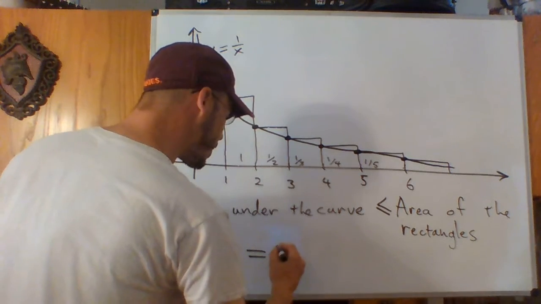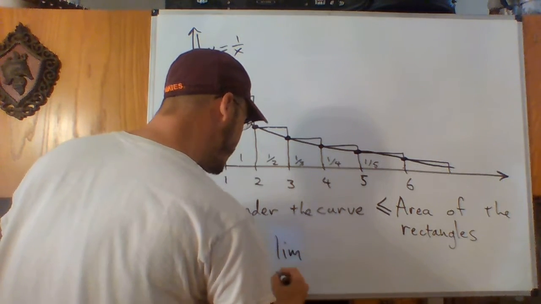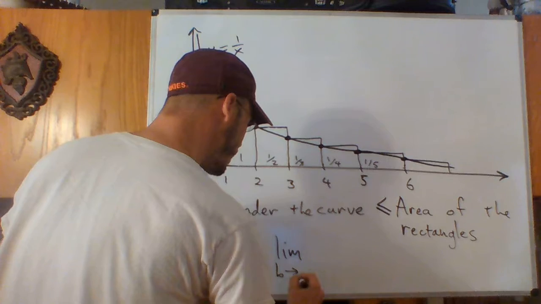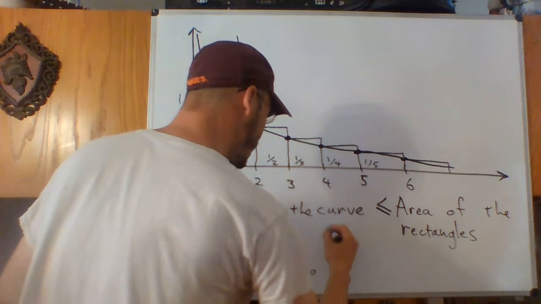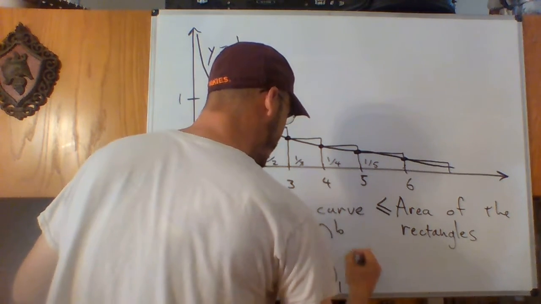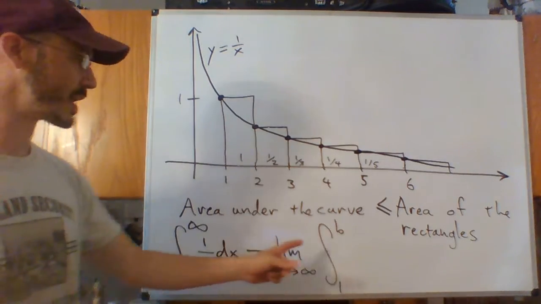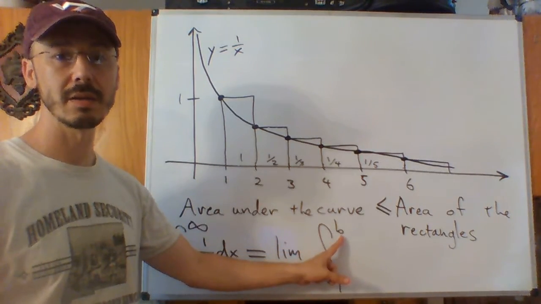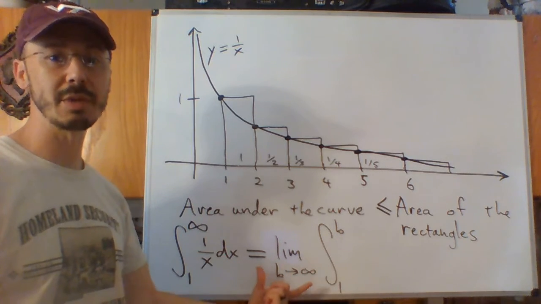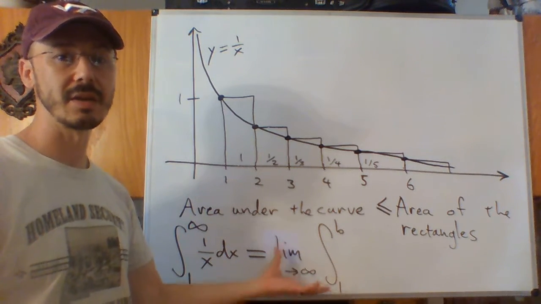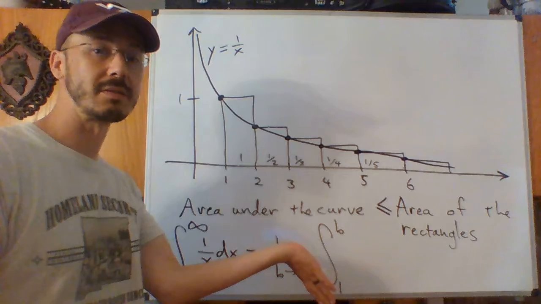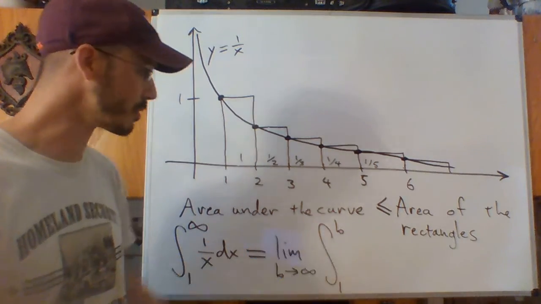This is an improper integral, so we need to evaluate it by backing off from infinity to some finite number b, and then taking the limit as b goes to infinity for that finite domain function integral.